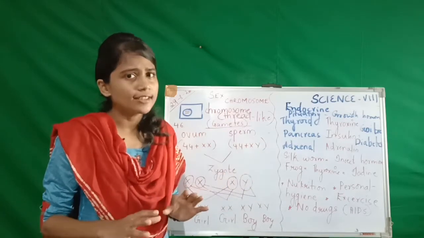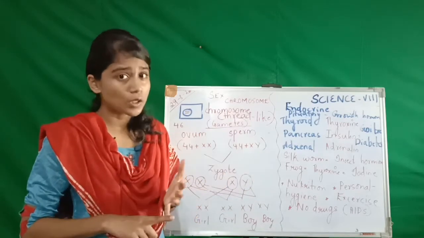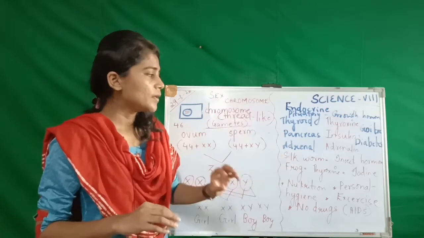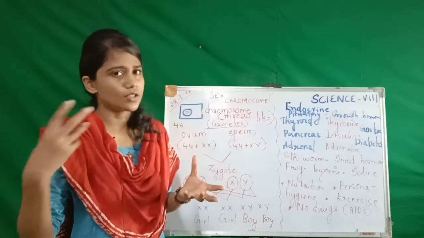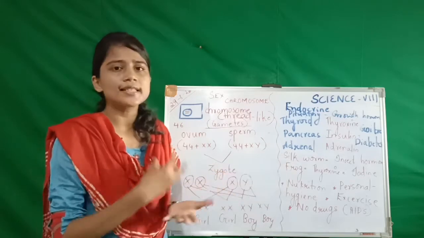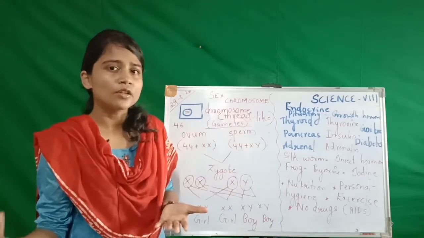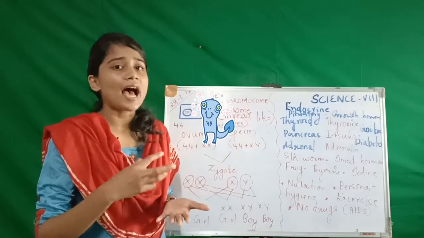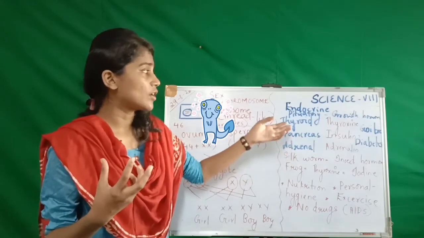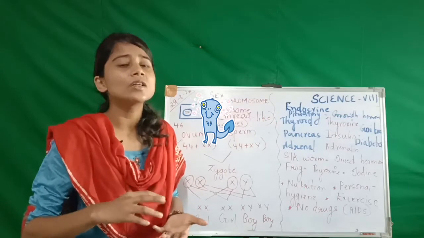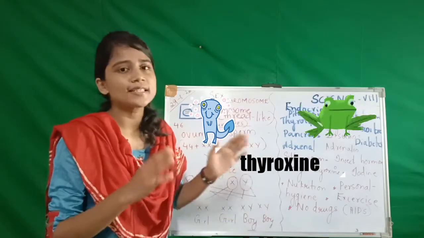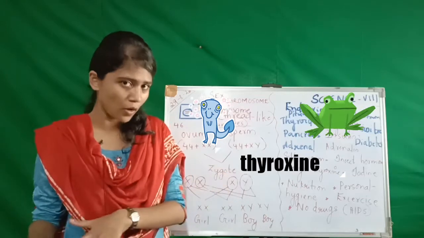You must have learned the life cycle of silkworm and frog in your small classes, right? In silkworm, the larva or pupa turns into a silkworm, and in frog, the tadpole is converted into a frog. If you take the case of frog, the tadpole has an endocrine gland, the thyroid gland, and this thyroid gland produces thyroxine.